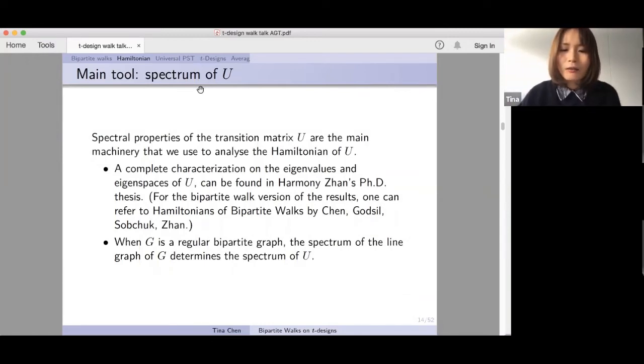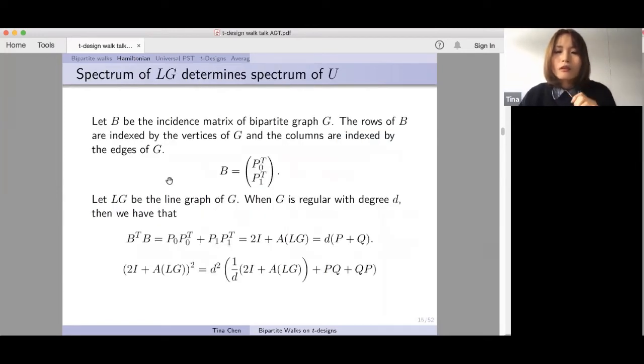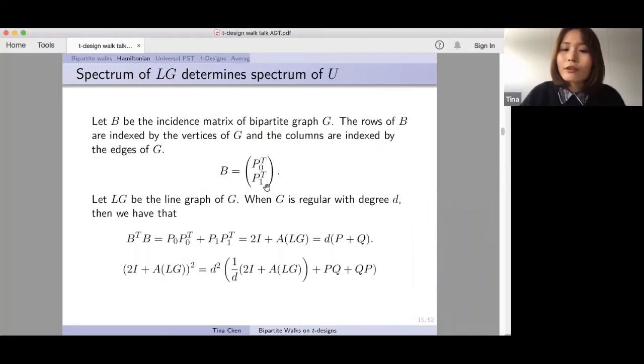And if our bipartite walk is regular, then the spectrum of the transition matrix will be determined by the spectrum of the line graph of our bipartite graph. So that is an advantage of using the bipartite walk. The incidence matrix of a bipartite graph has a very nice form, because its rows are indexed by the vertices of your bipartite graph, and its columns are indexed by the edges.